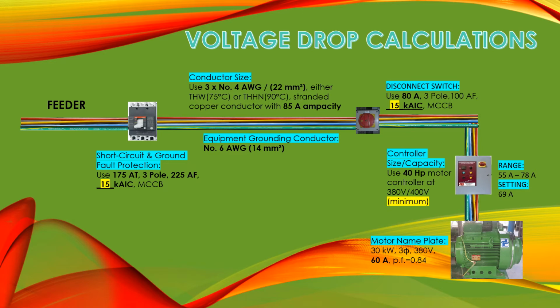We have the breaker here, then conductor size, then the isolator or disconnecting means, then controller, overload relay, and of course the motor load. There we calculated the conductor. The final conductor is 3 by number 4 or 22 mm squared with 85 ampere capacity, THW or THHN conductor.